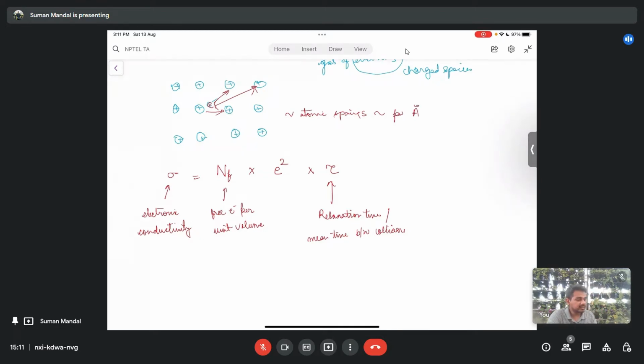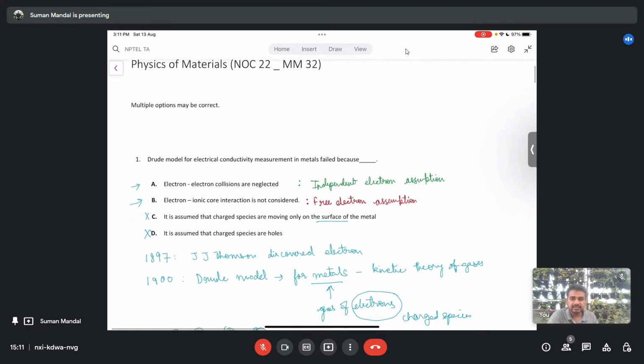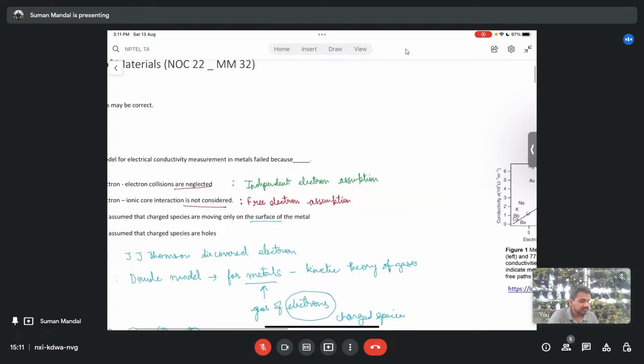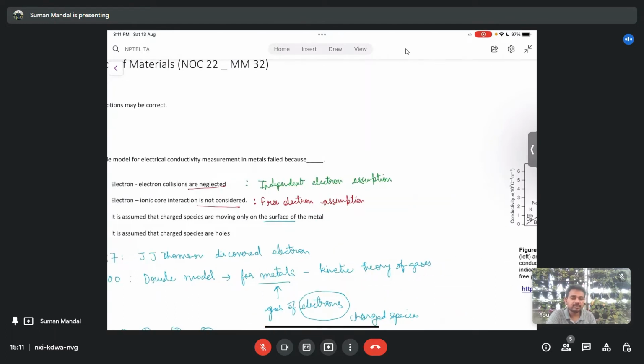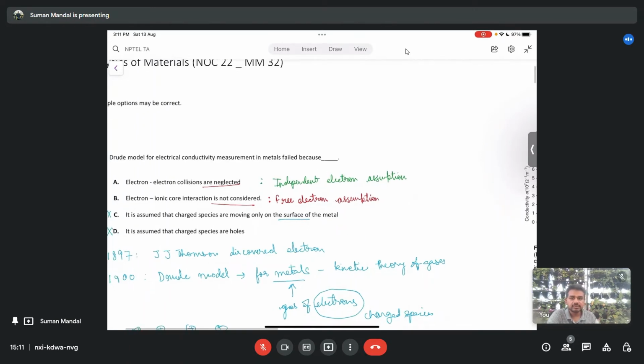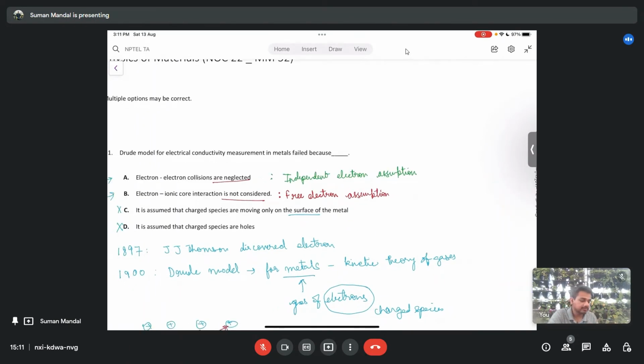Now, one thing we also have to take care of. I'll add one more term, the mass of the electron that is considered. When we say that the collisions were neglected or not considered, it's not that some form of ionic, let's say Coulombic, interaction is considered. Physical bumping onto them is allowed.